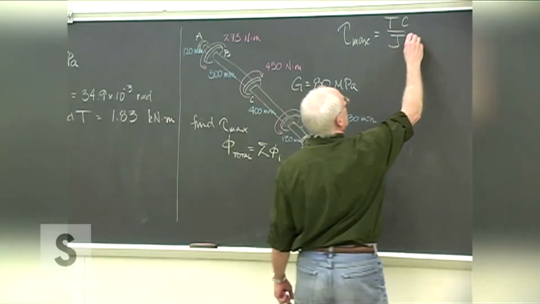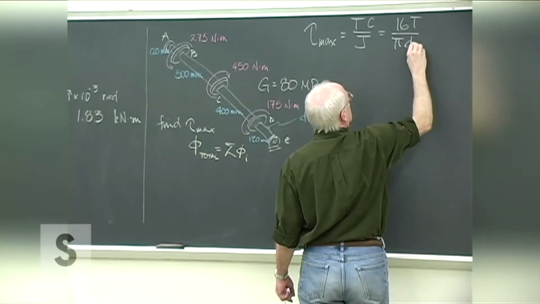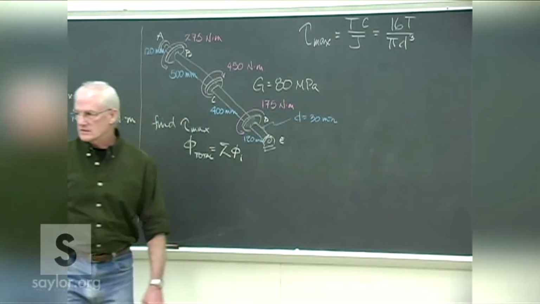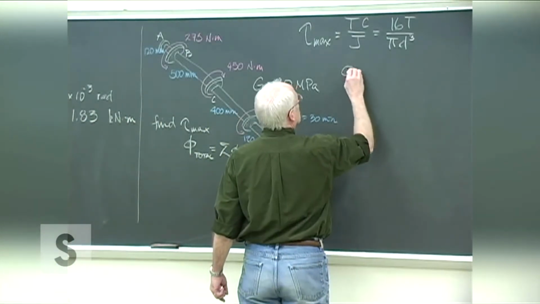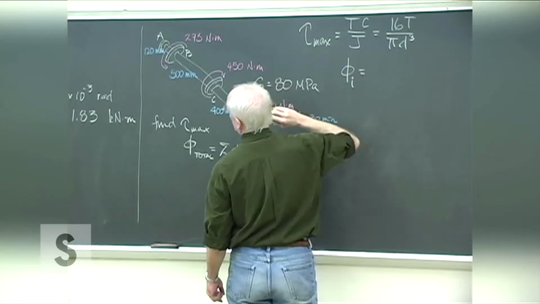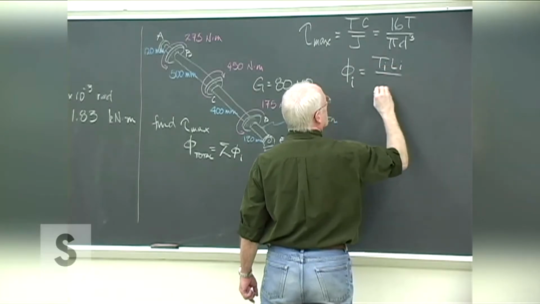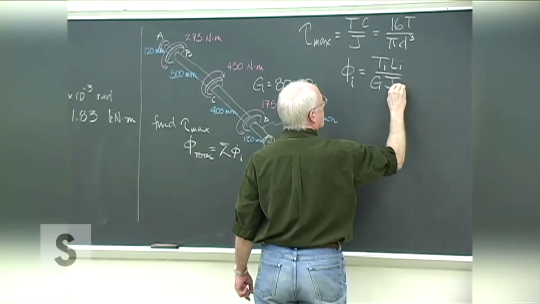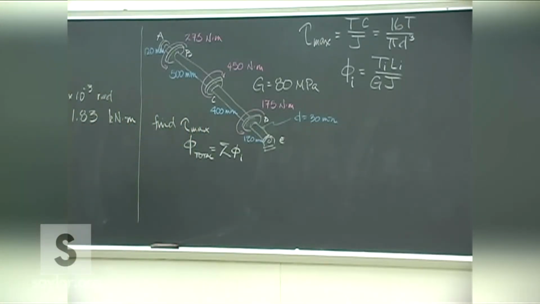Actually, you can skip it, remember, if you use that little piece we have there. Then you don't even have to work from the radius, you can use just the diameter as given. And then of course our usual angular deformation. You will need J for that, so I'll go ahead and give it to you so you don't have to fuss with that.